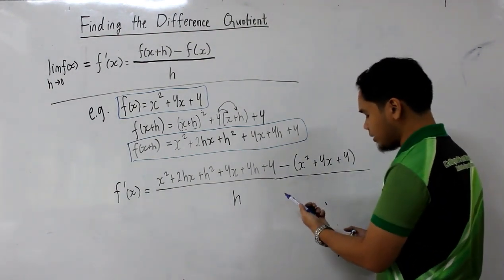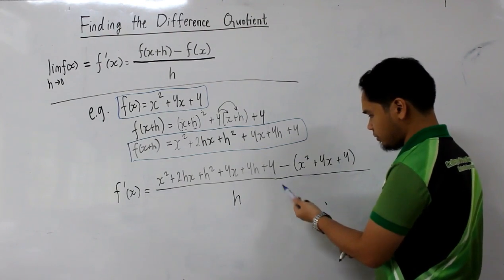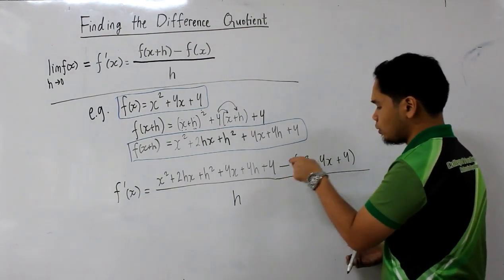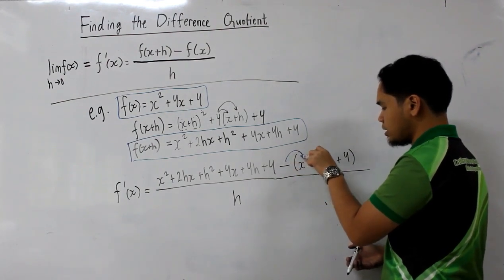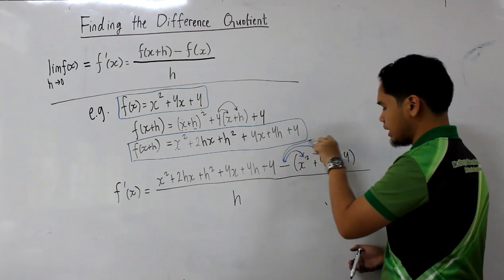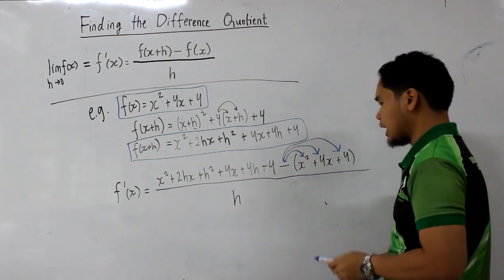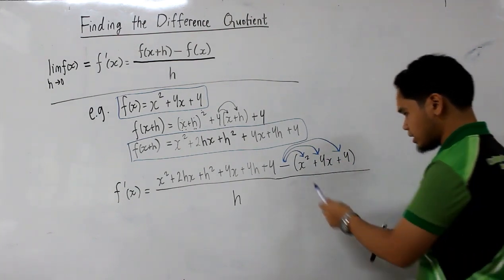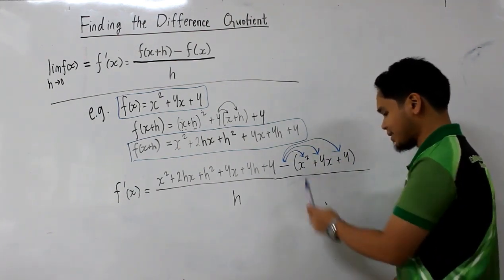This minus sign here will be distributed with each of the terms in this parenthesis. So we're going to distribute this minus sign here, and minus sign here. If that happens, I think we can just simplify this line here. This x squared will become minus x squared.